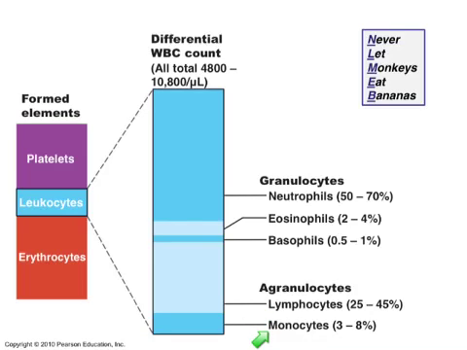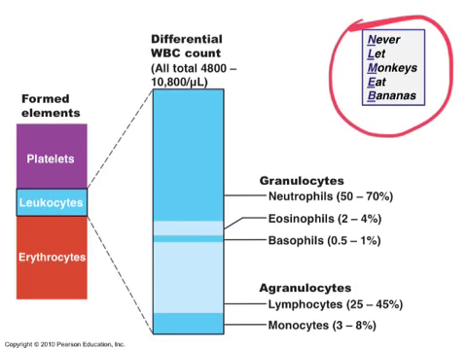Monocytes are your third most abundant, then the eosinophils and the basophils. There's a simple mnemonic to help you remember the relative abundance of the different white blood cells. Never let monkeys eat bananas. If you just remember that, you can remember the relative abundance.